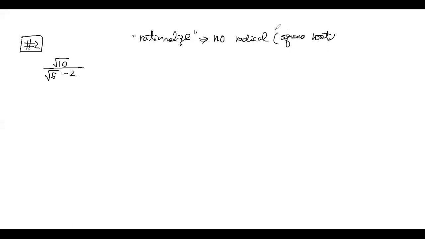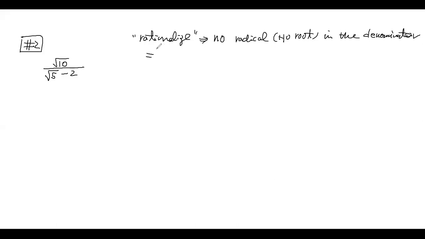Well, maybe it's not a square root, you can do cube roots also, right? So basically, no roots in the denominator. That's what rationalize means in the denominator.